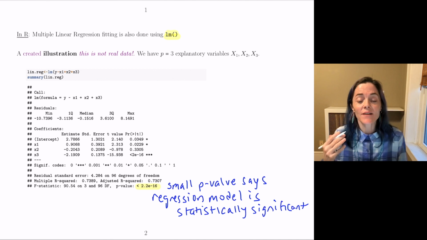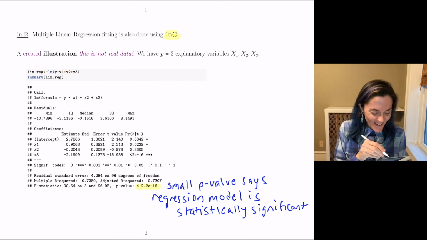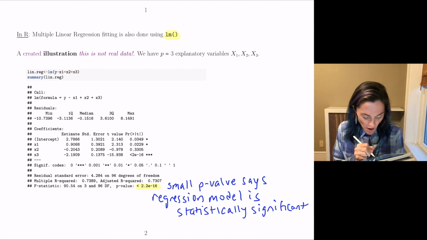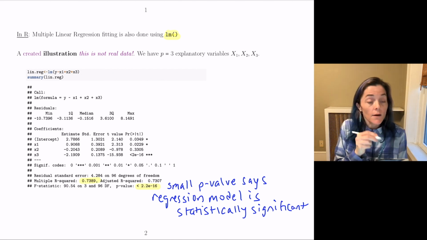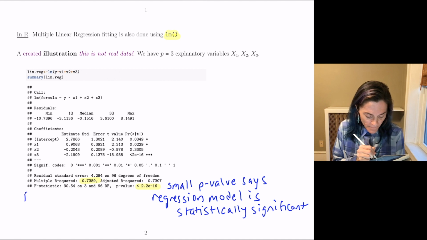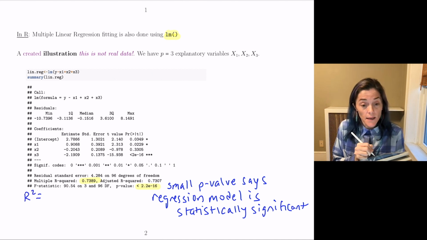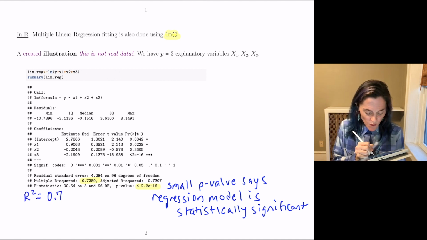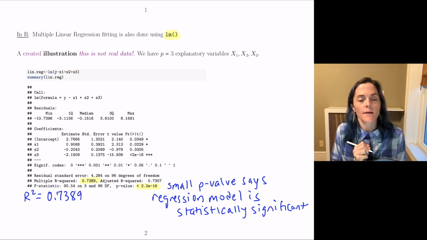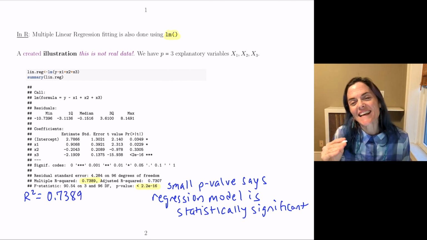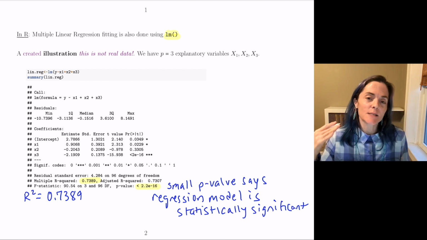So here we have a statistically significant model. Then we could look at this R squared. So here, R squared is 0.7389. This gives us the proportion of the variation that's explained by the linear model.